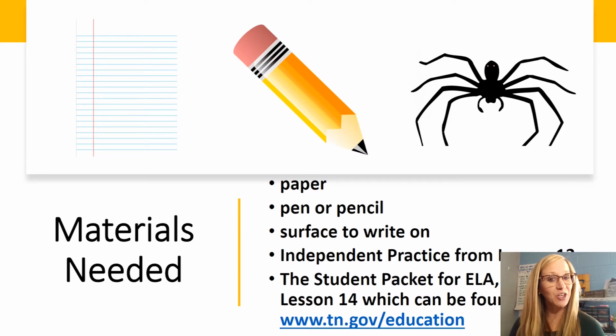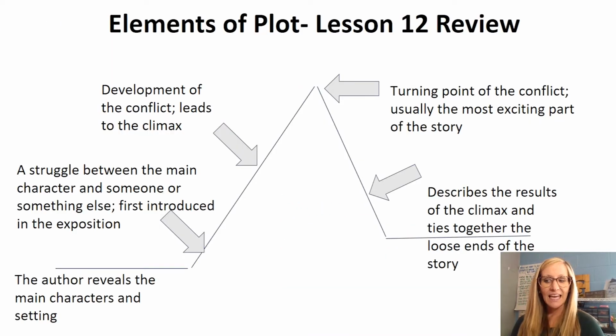All right, let's get started, learners. In lesson 12, we studied the elements of the myth Arachne and how they led to a resolution. Pop quiz time. Just kidding, but let's honestly see what you remember. What is the word that means how the author reveals the main character and the setting in the story?